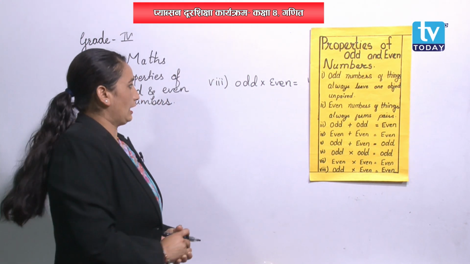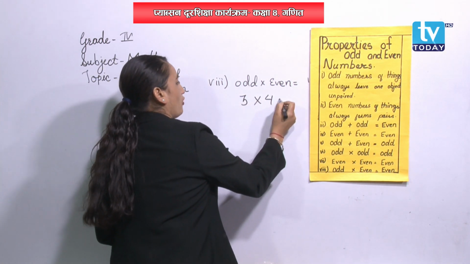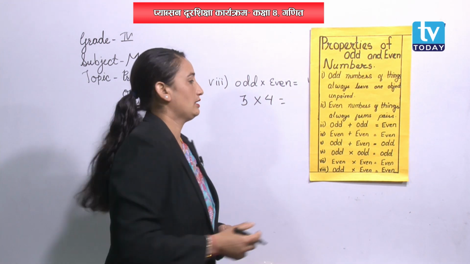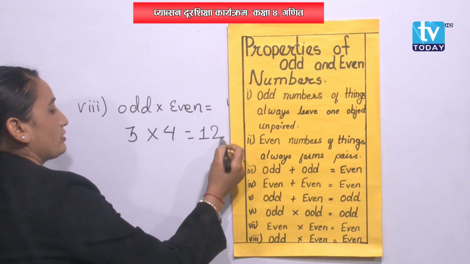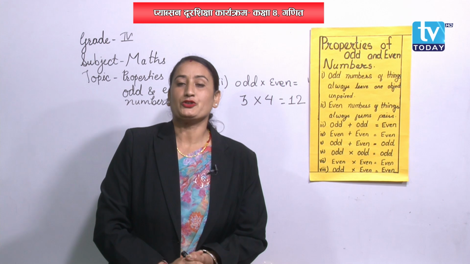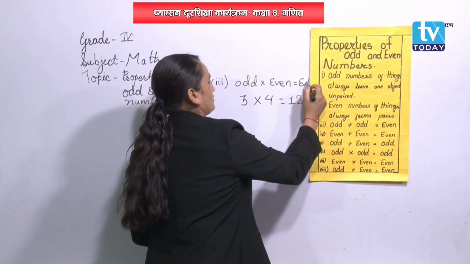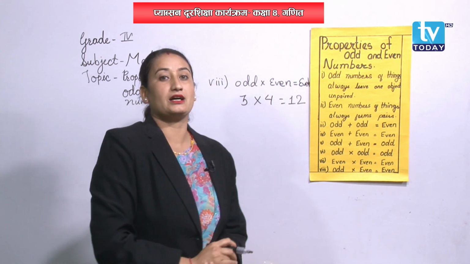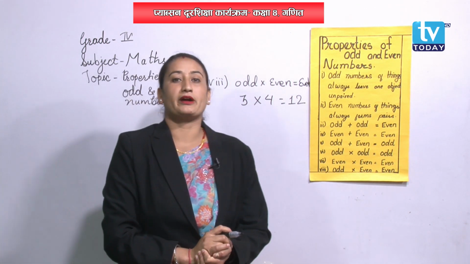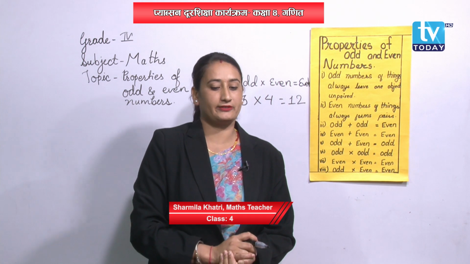Let's multiply odd as 3 and even as 4. If I multiply 3 into 4, what will be the answer? It's 12. Now tell me, students, is 12 an odd or an even number? Obviously 12 is an even number. So write down here: even. So students, an odd and an even number multiplied give an even number. Good? Do you understand? Very good.